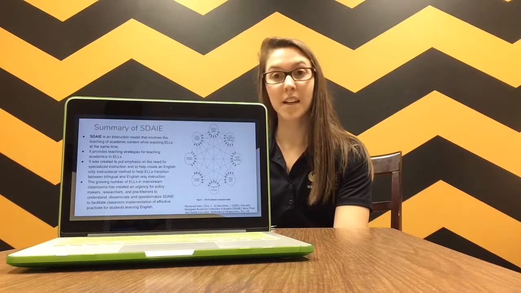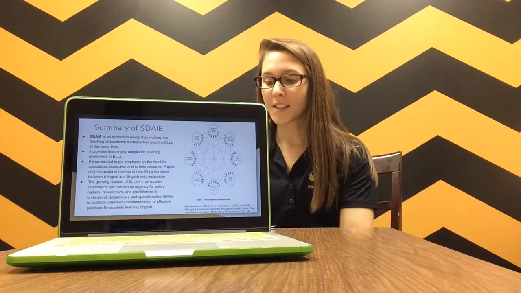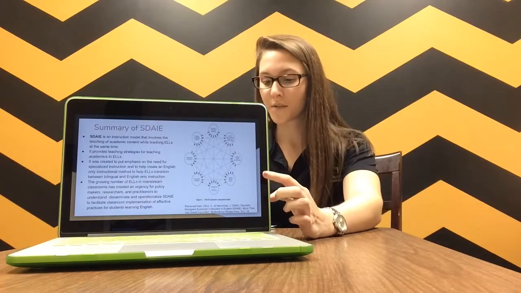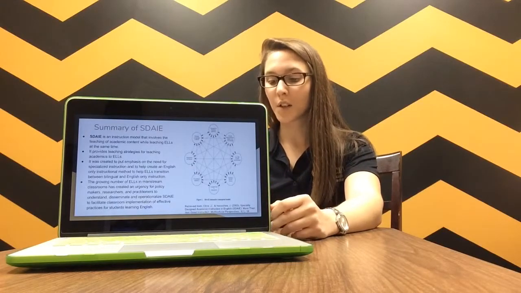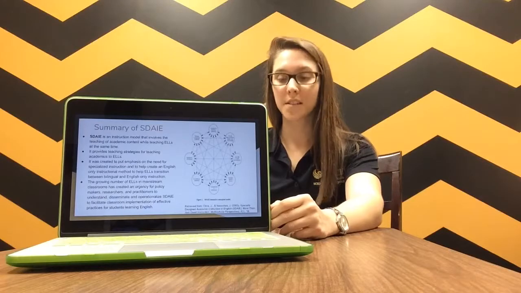Figure 1 represents the SDAIE model that identifies 8 different interactive and overlapping components. The components are not meant to stand alone and should be a part of a dynamic system.